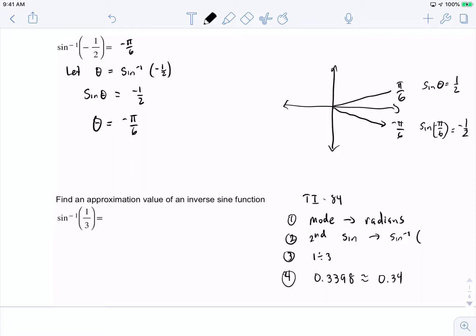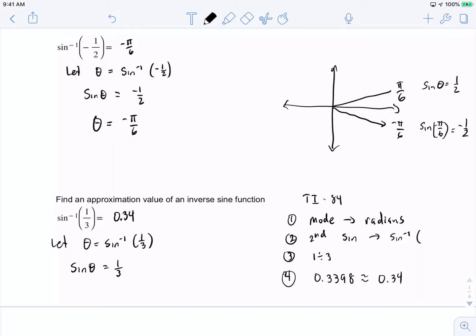And so if we were to do it like we did before, we'd let theta equal sine inverse of 1/3, then sine theta would be 1/3, and so we know that theta would end up being 0.34.